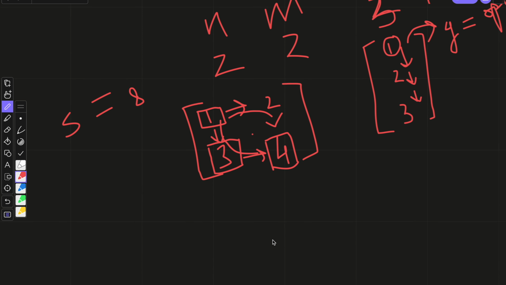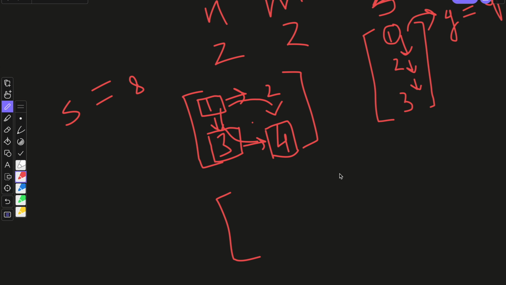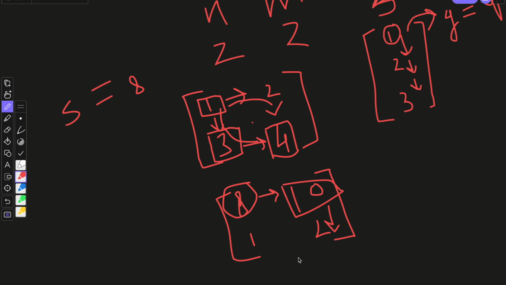So in any matrix, it doesn't matter what number is here. For suppose here is 8, here is 10, here is 1 and here is 2. We would be starting from here, and the greedy solution would be to jump to 10, and from 10 to jump to 2, and the optimal solution would also be this.